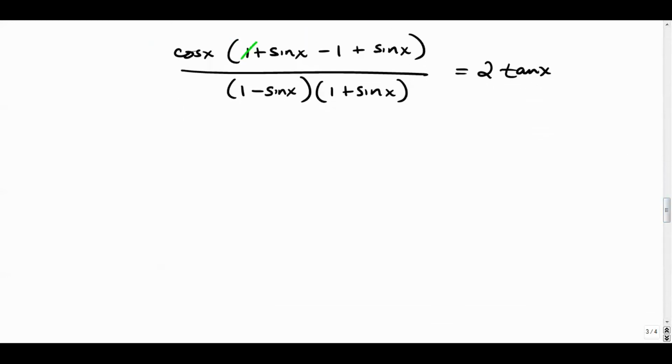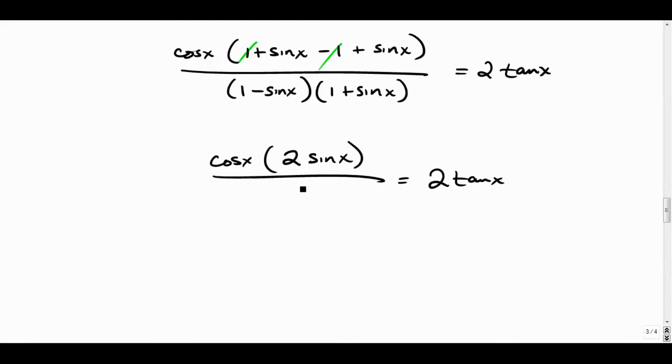In my numerator, positive 1 minus 1 cancel out. So I have cosine x times (sine x plus sine x). Well, I'll rewrite that as 2 sine x. Be careful not to say that it's sine squared x. That's not true. So that's equal to 2 sine x.